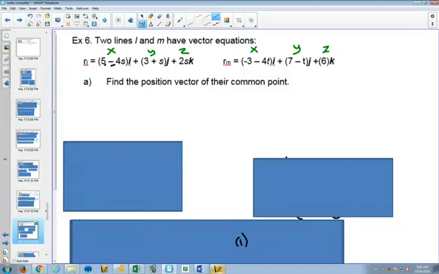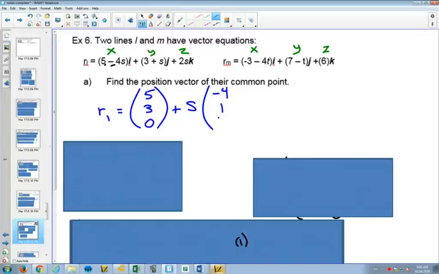So as far as rewriting our points are concerned, we can say that this first equation has the point 5, 3, and 0, plus our parameter is s, and we've got -4, 1, and 2. I personally always like to rewrite my vector equations in this form because I feel it's the easiest to visualize.